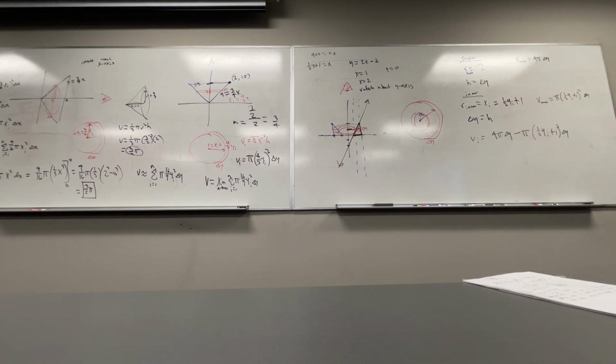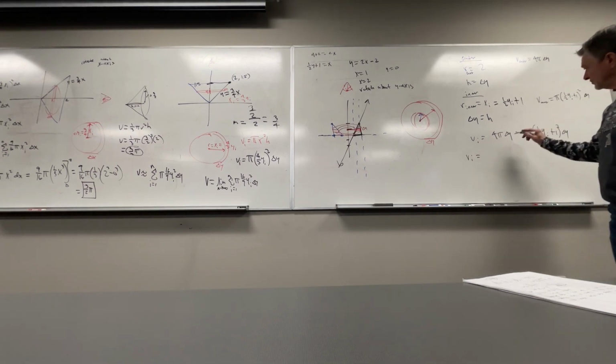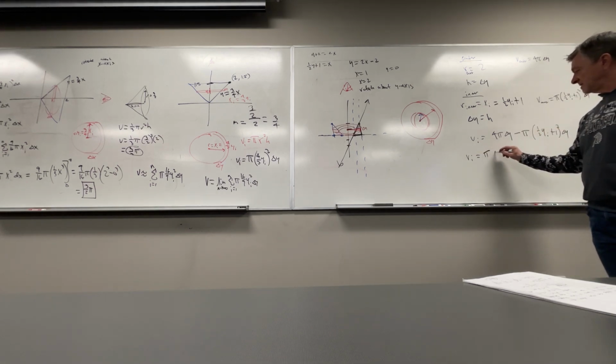Now, actually, I could simplify that quite a bit, couldn't I? I can factor out a pi and a delta y from both of them. So I'd have v sub i equals pi times delta y.